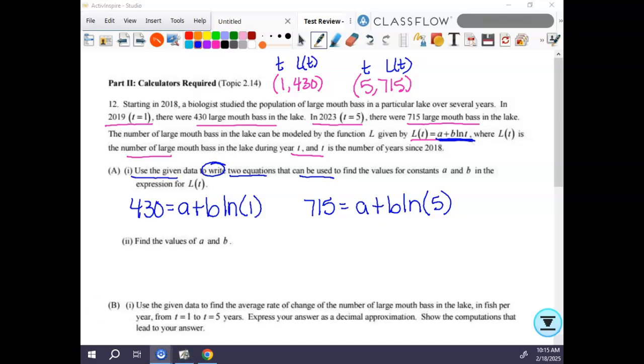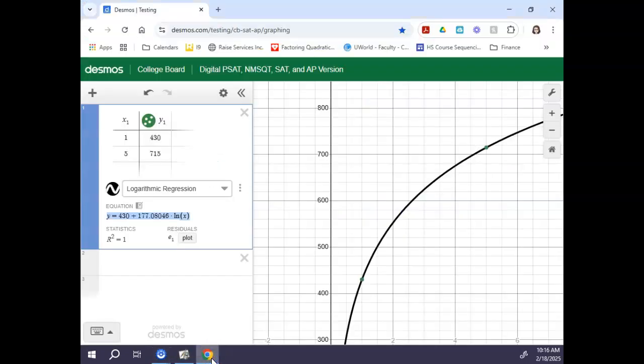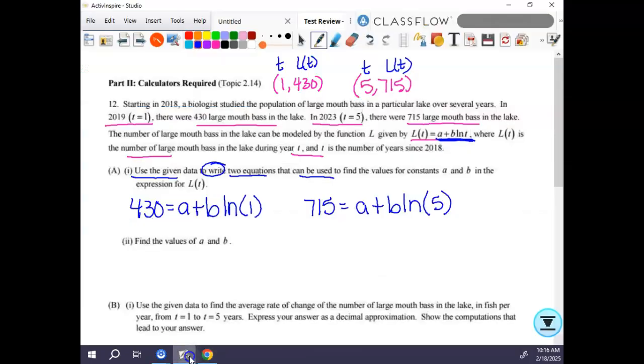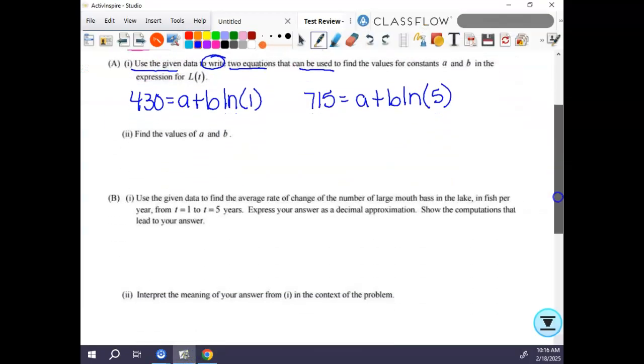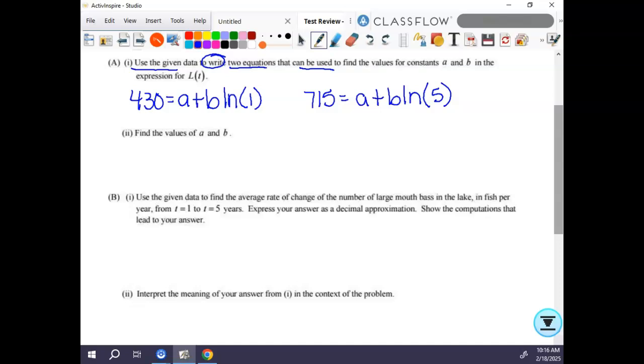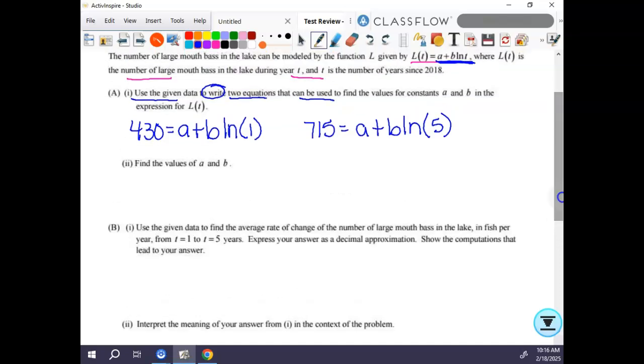But here, it has y and x, right? We're answering this question, so we need to put it in terms of this question. Oh, actually, I'm not writing the equation. What am I saying? This literally says find a and b.